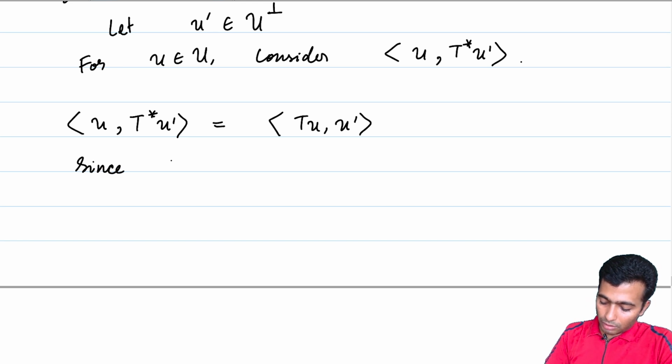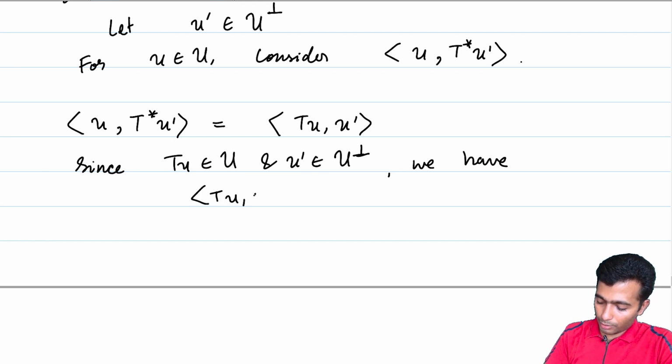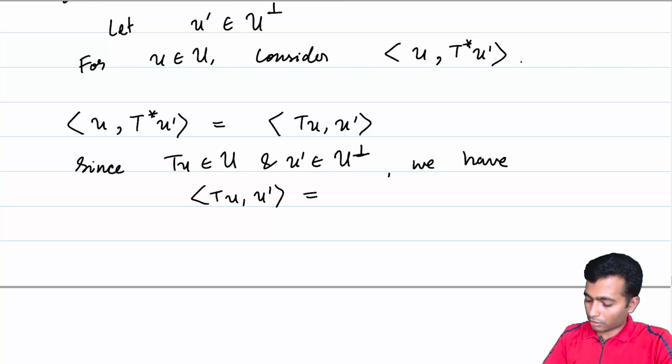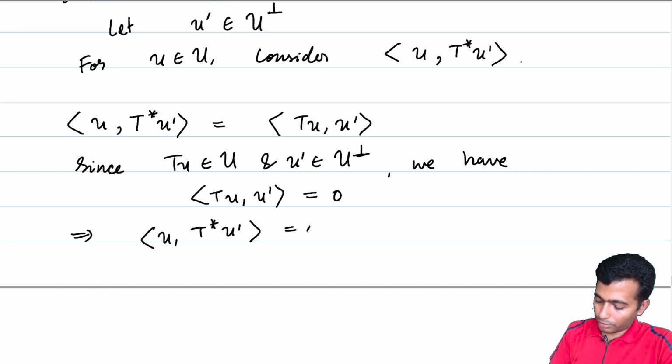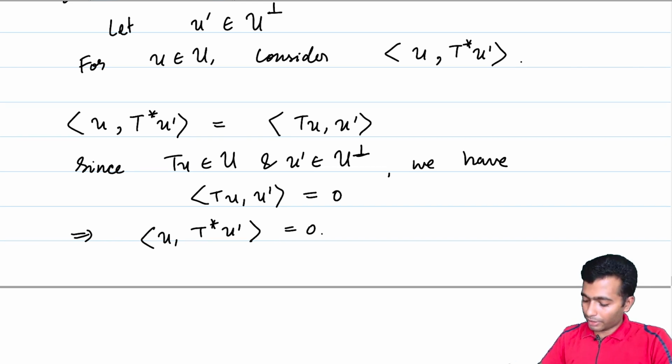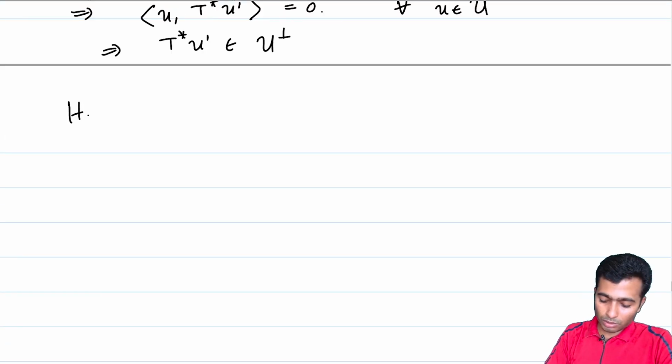Since T(u) belongs to capital U and u prime is in the orthogonal complement of U, when you look at the inner product, they are orthogonal, it will give us 0. This implies that the inner product of u with T star of u prime is equal to 0. But that's true for all u in capital U. This implies that T star of u prime belongs to the orthogonal complement of U. And hence the orthogonal complement of U is invariant under T star.